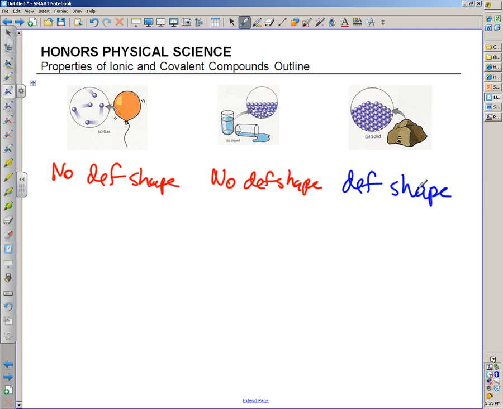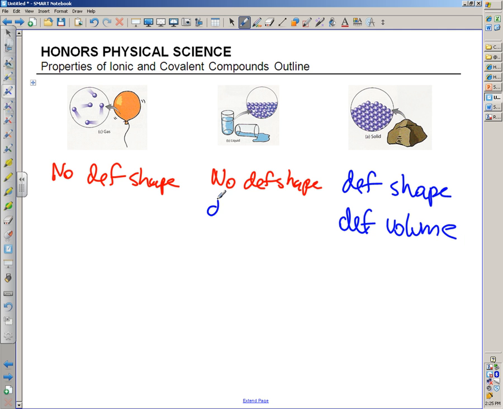What else did you learn about solids, liquids, and gases back in 6th, 7th grade? Farah, what else? Solids have a definite volume. Okay, solids will have a definite volume. They will take up the same amount of space. Okay, what else? Farah, go ahead.